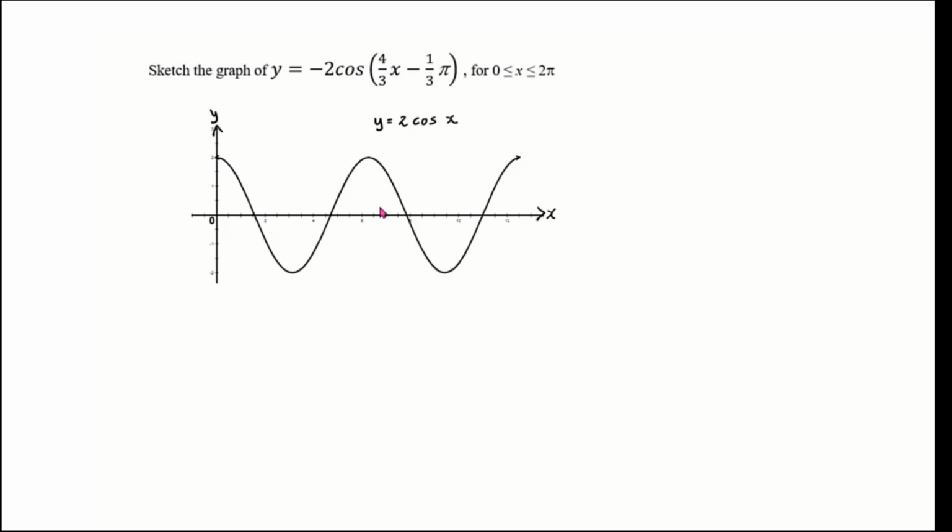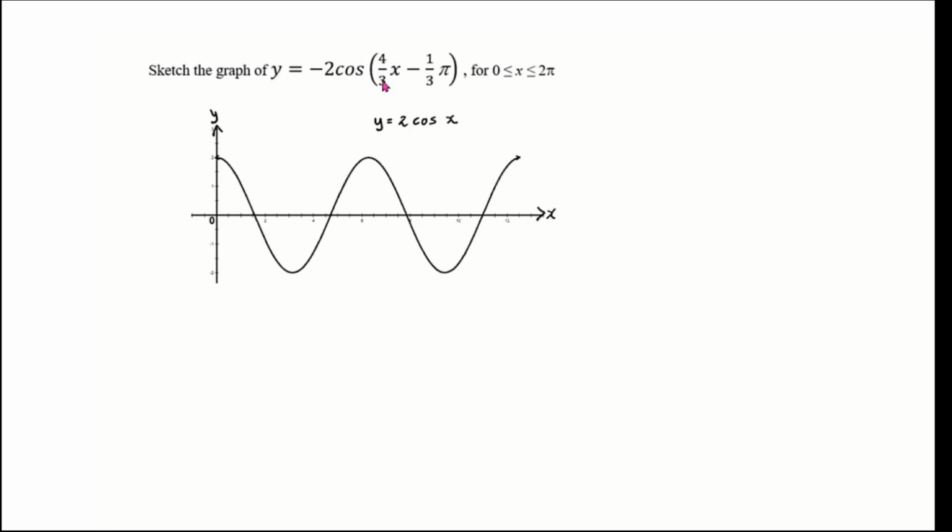Then here, we take 2 periods. So cos for 1 period is from a big U shape. We take 2 periods because from the equation, the number of periods here is 4 over 3. 4 over 3 means it is more than 1 period.